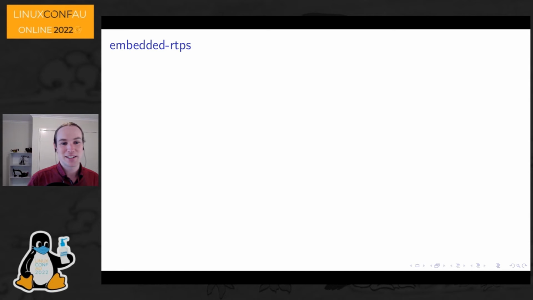Embedded RTPS had its first commits in 2018 and built an implementation of RTPS that works on microcontrollers with LWIP, the lightweight IP stack, and FreeRTOS, allowing it to target the threading and networking capabilities of STM32, Arduino, and ESP.